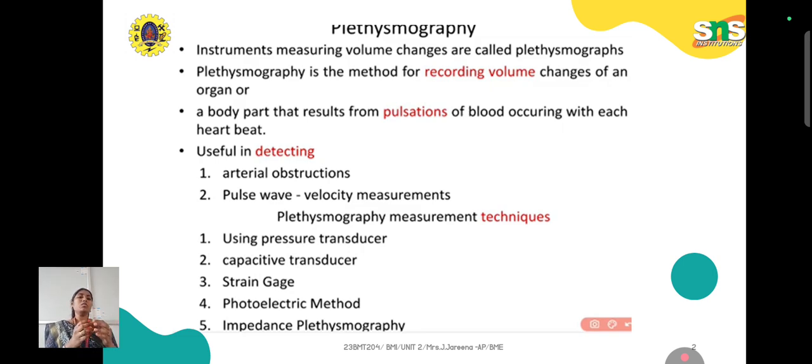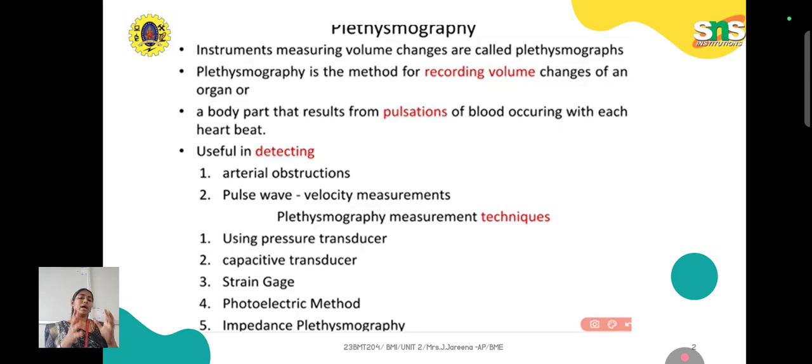We have different techniques to implement plethysmography. You can measure these volume changes, for example, by using a pressure transducer, a capacitive transducer or strain gauge, the photoelectric method, or impedance plethysmography.